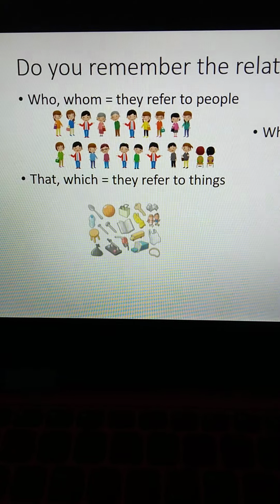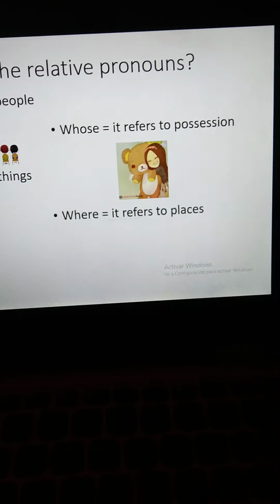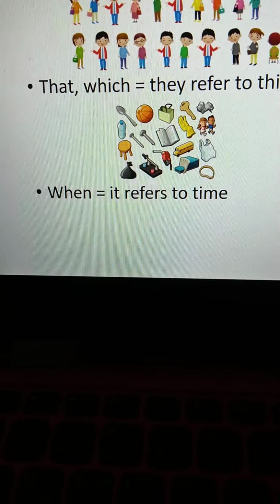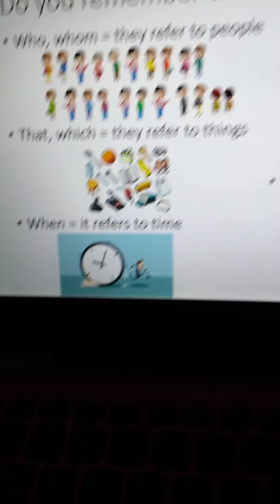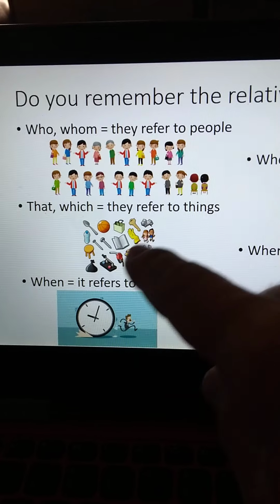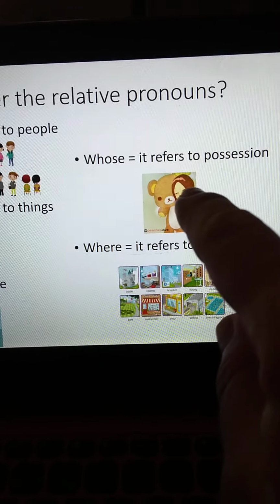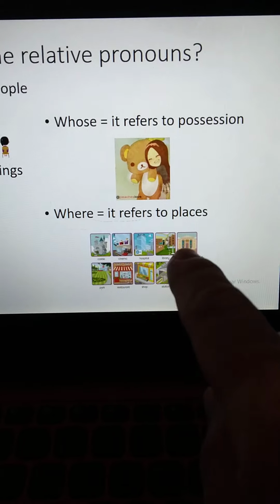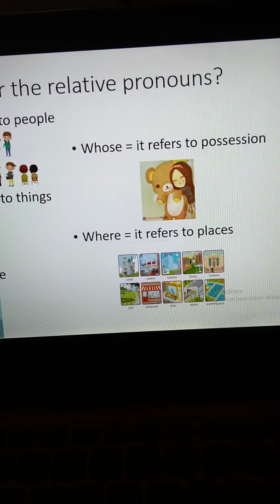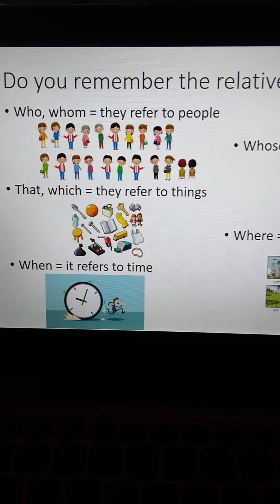That and which refer to things or animals. Where, which refers to places. And finally, when, which refers to time. Okay? Who did it, the time when it happened, the objects that belong to someone, and places, okay?